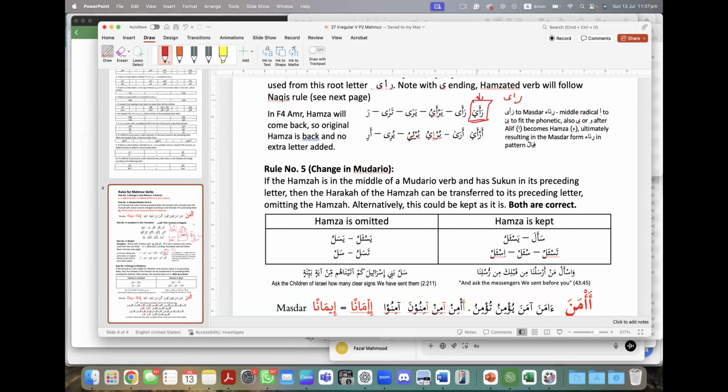Always there will be original madi, original mudari'u, and then conjugation, ta'lil will happen. Ra'aya, original madi. Now can you see that formula, that rule is applying straight away. Here, original. This is a heavy letter. It's not harf illat. Okay? It is harf illat. It has got haraka, and it has got haraka as well. But there is another rule you will see later.